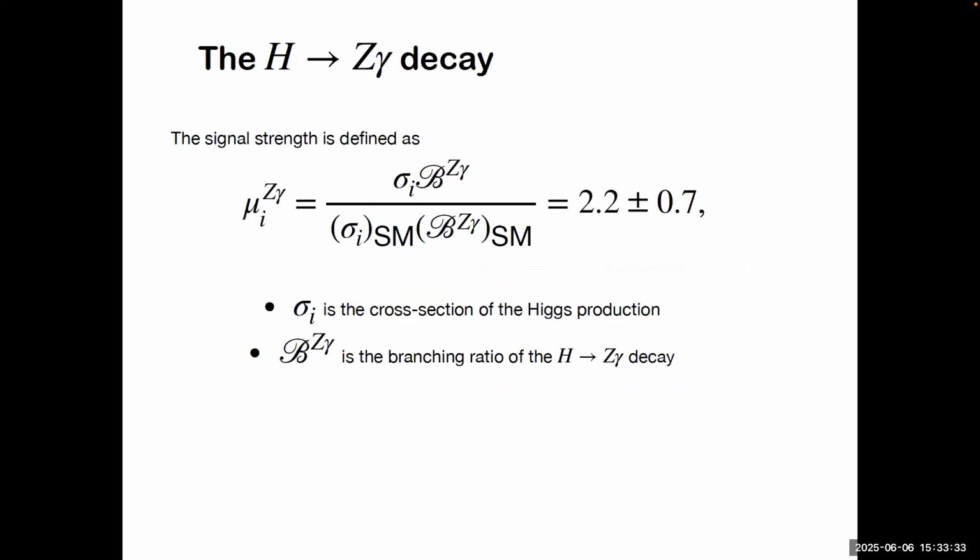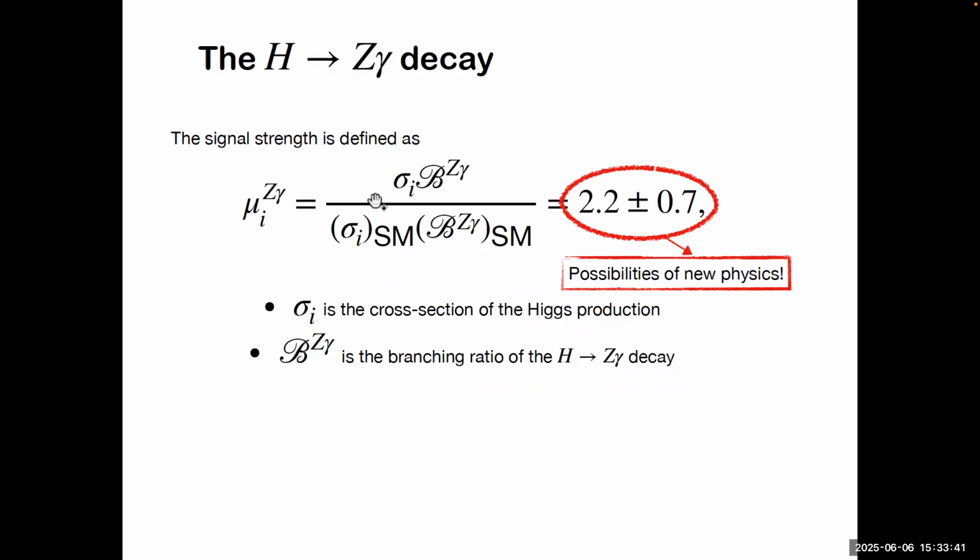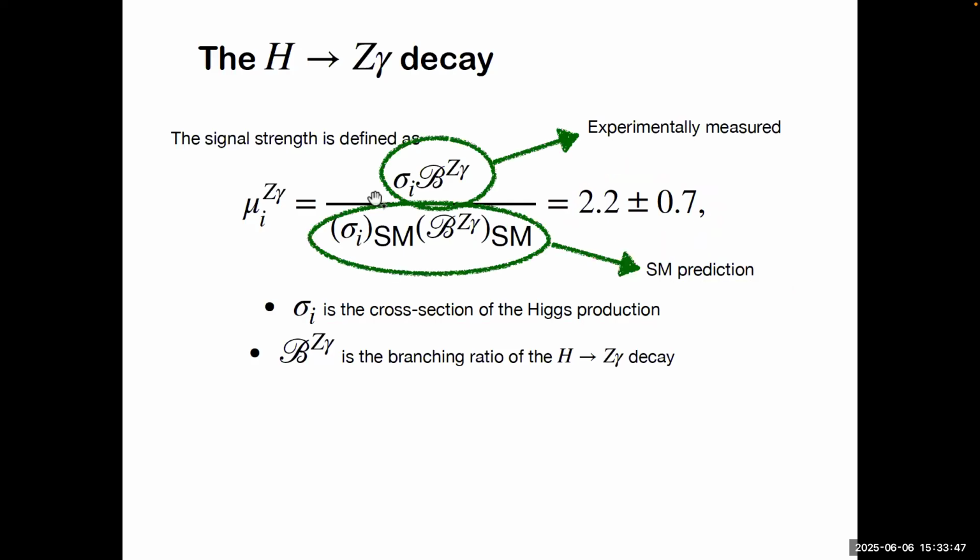Well, the signal is defined as the ratio between what they observe in the experiment, this part, and the standard model prediction.